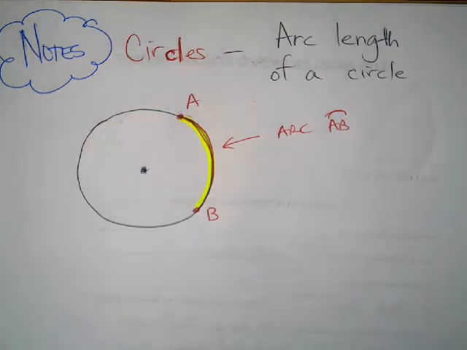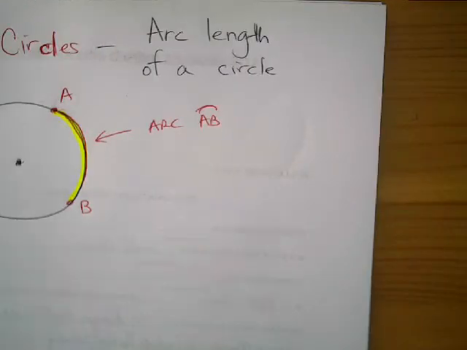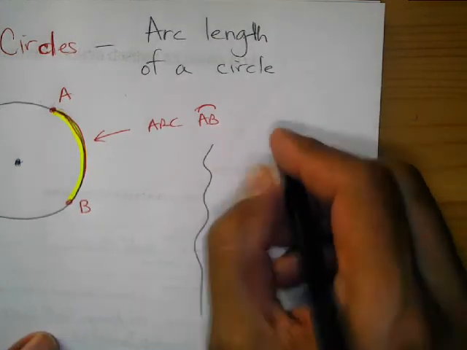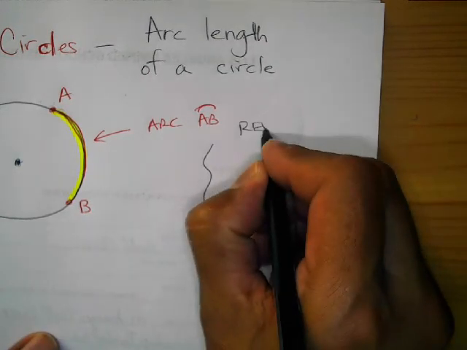Now, if you remember before, we had an assignment where we were finding just the degree of an arc. Let me just sidetrack here. Remember this assignment, this is review here, right?